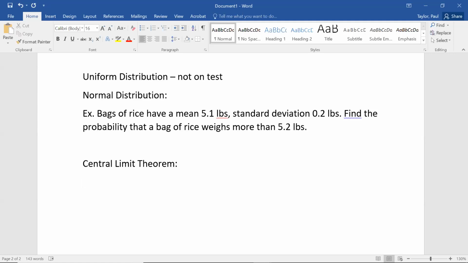When the binomial distribution has a large number of trials, basically it's approximated by the normal. So central limit theorem is usually a binomial with a large number of trials, like hundreds or thousands.